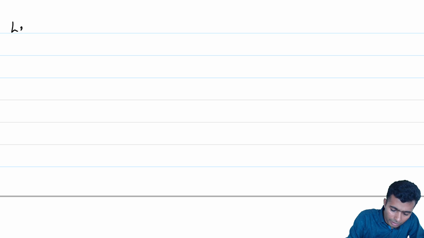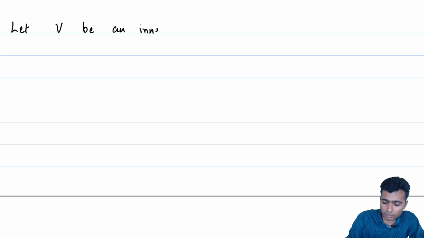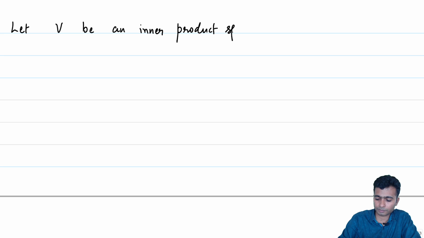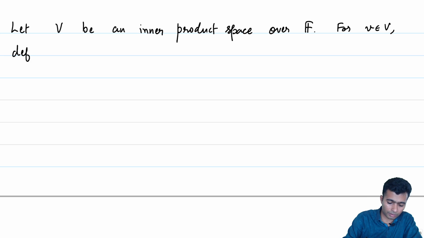So let's now begin by defining what is the length of a vector v in an inner product space V. So let V be an inner product space over F. For v in capital V, define the length of the vector v.